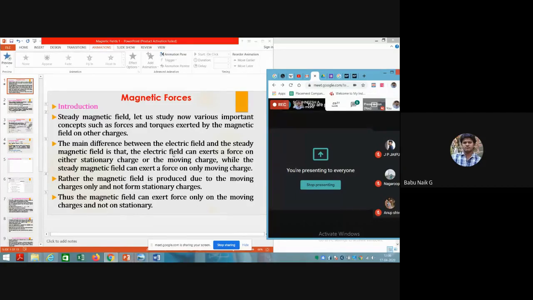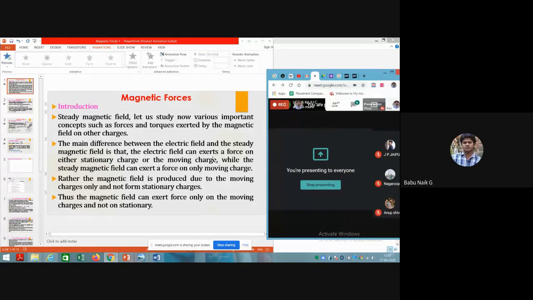Okay. Now those things completely cover the steady magnetic field. If the current distribution is known, we can find the magnetic field, magnetic flux density, and then the vector magnetic potential.